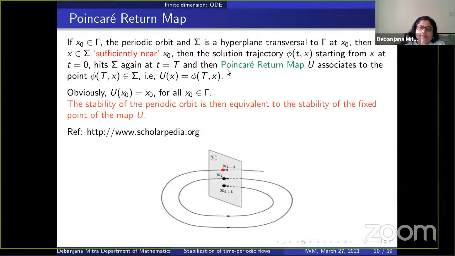So now the Poincare return map u basically associates to the point x the point p, which is nothing but phi evaluated at capital T, where x was the initial condition. So in particular, the Poincare return map u is defined in this way, where u(x) is equal to phi evaluated at capital T, with x the initial condition.